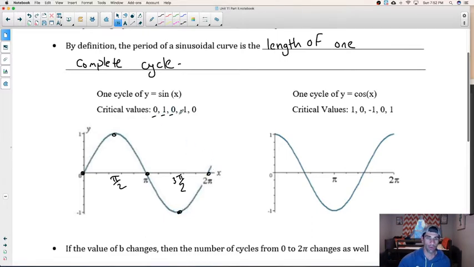Those are those 5: 1, 2, 3, 4, 5. That was 1 cycle of a sine curve between 0 and 2 pi. For a cosine curve, it's 1, 0, -1, 0, and 1. Those are really good ones to keep in your back pocket to memorize.